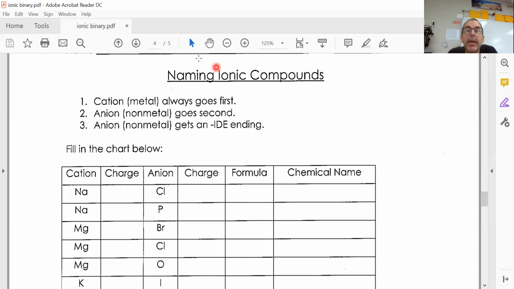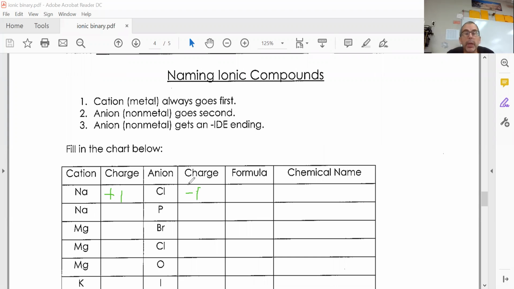So let's go back and do this problem right here. We retrieve that information from its position in the periodic table. I'm going to go to my draw function, and I'm just going to put the charge for sodium of +1, and the charge for chlorine of -1. Now we try to do a chemical formula, and our charges have to balance.